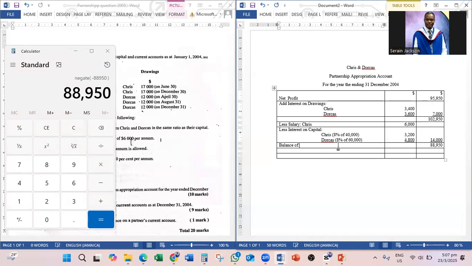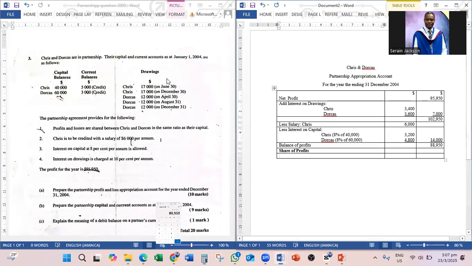Balance of profits, right? Now we have to share it, so we go to share of profits. And this is where it gets a little bit tricky, as I was telling you before, because we have to now share these guys' profits. And they told us that the profit sharing ratio is in the same ratio as their capital.